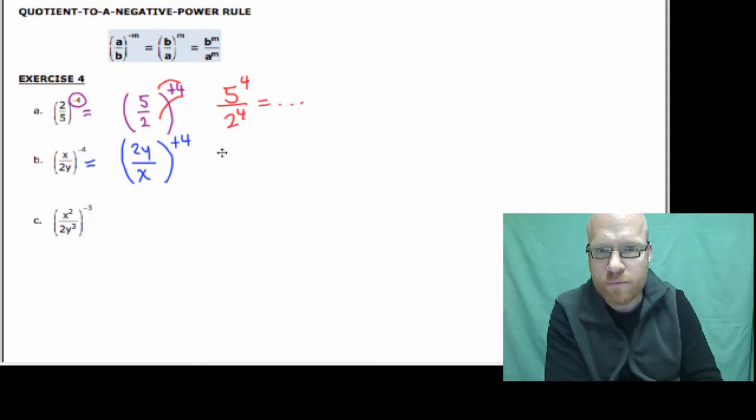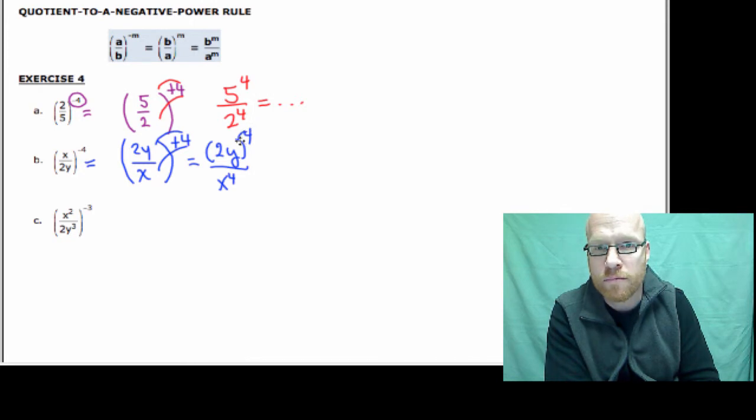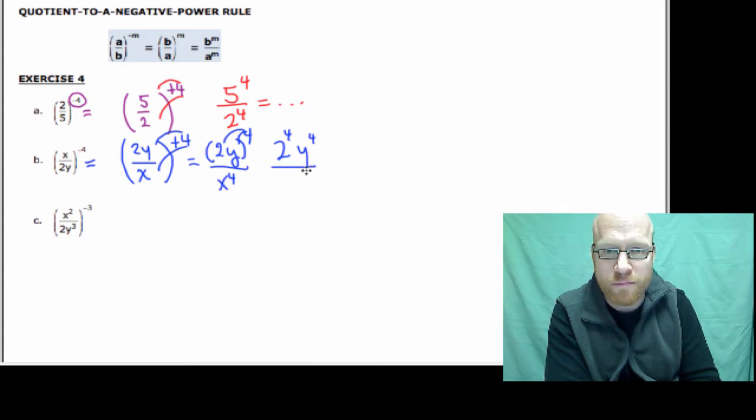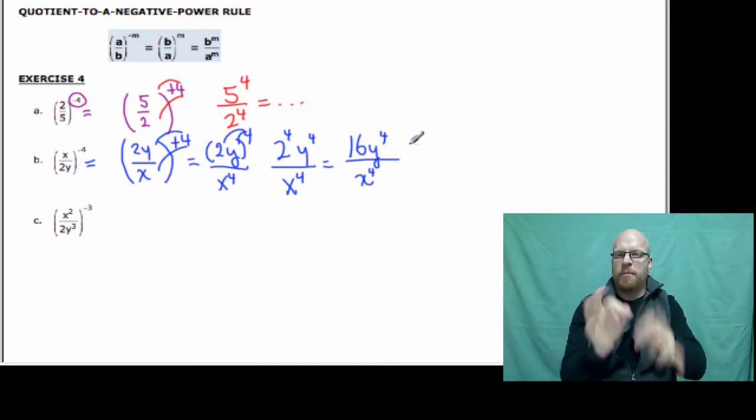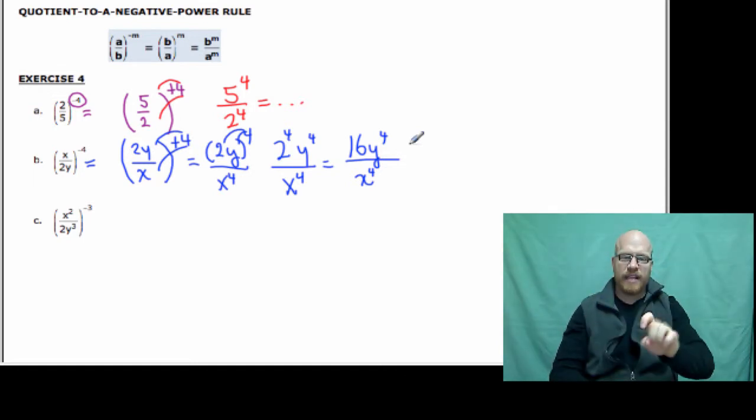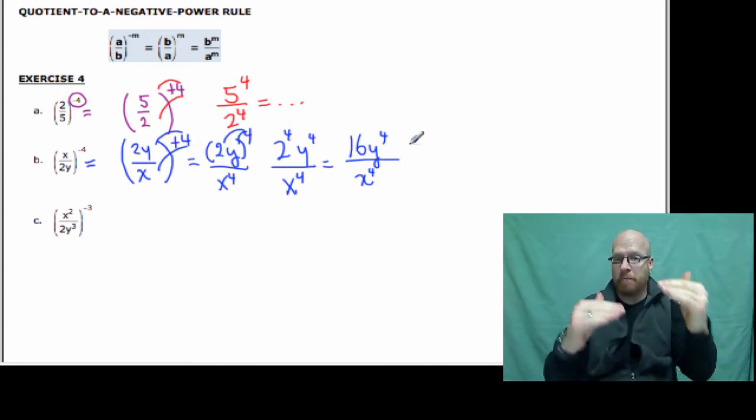I'll show you right now. See, I multiplied the power, I applied it twice. 16y to the 4th over x to the 4th. We clean up our fractions like this.